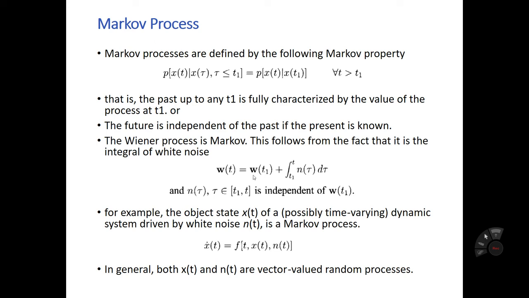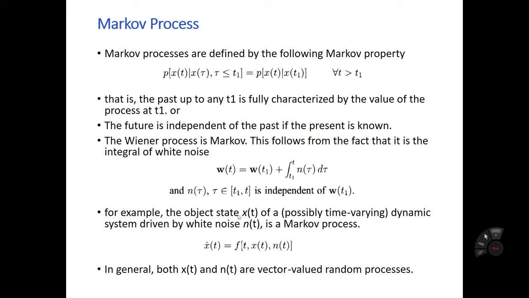So it is actually the integral of the white noise, and n of t is independent of W, which means W and white noise are uncorrelated, and they are independent. So this white noise and the linear process W are independent.